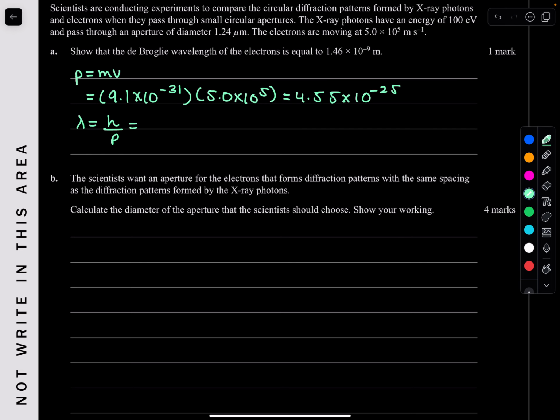So what's your h? 6.63 times 10 to the negative 34, all being divided by that momentum, 4.55 times 10 to the power of negative 25.